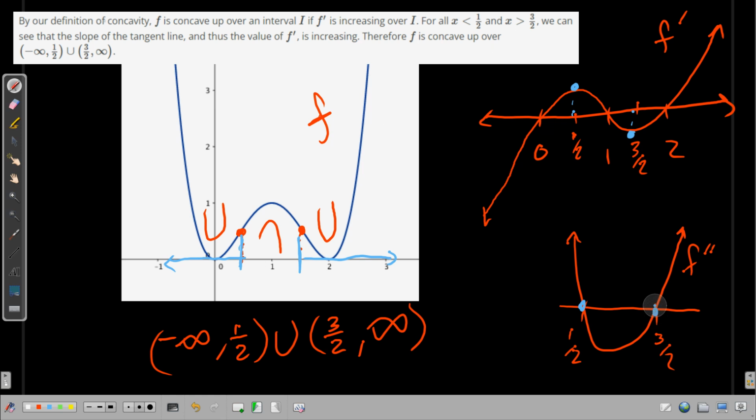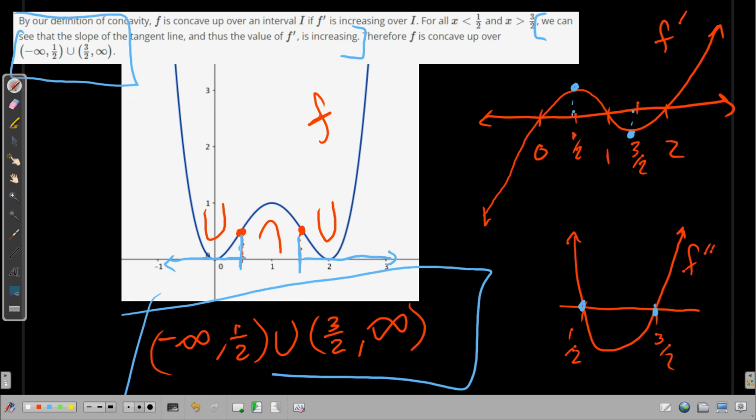However, their error is right in here. You can see that they got the same interval that I got down here, because that's the correct interval.